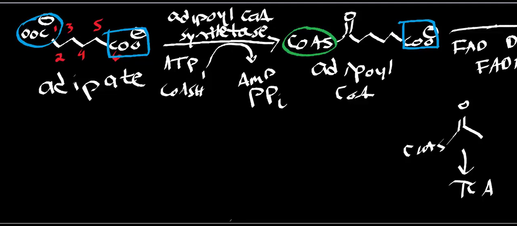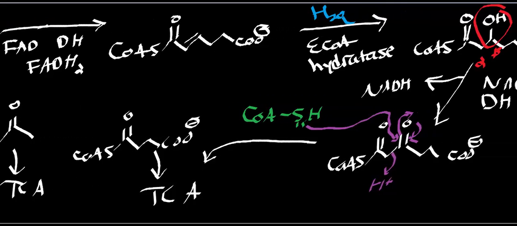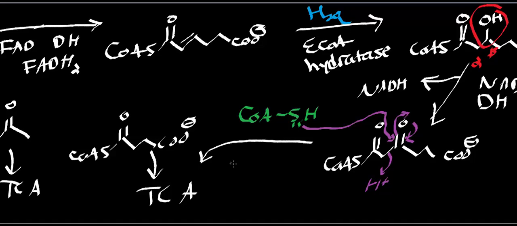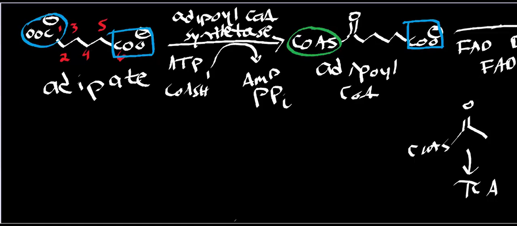So there's a fatty acyl-CoA synthetase, an FAD-dependent dehydrogenase, an enoyl-CoA hydratase, an NAD-dependent dehydrogenase, and a thiolase. So that's what this enzyme is. This is a thiolase, and it's going to hit this carbon, do a nucleophilic acyl substitution, and essentially kick off acetyl-CoA. Okay, so this has been the pathway of adipate metabolism, and I hope you enjoyed this video.